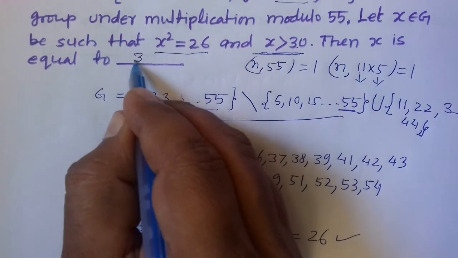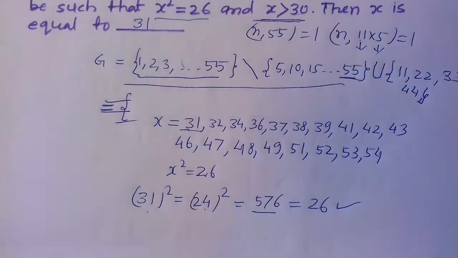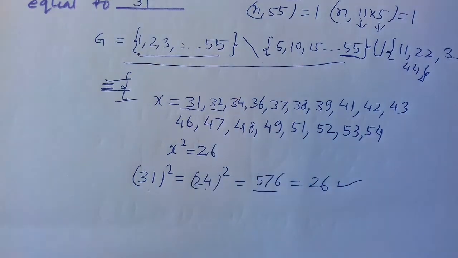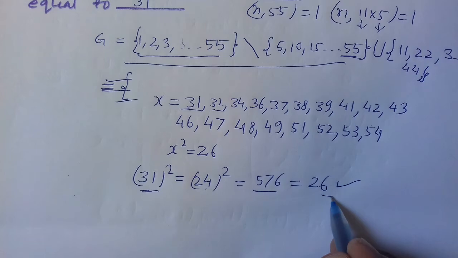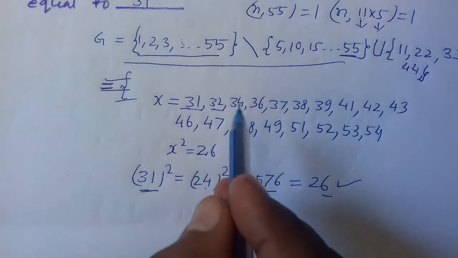Here we can put 31. Let us check if there are more or not. Suppose 32. We have found that one number, 31, is the answer. So now it is easy to check other numbers.